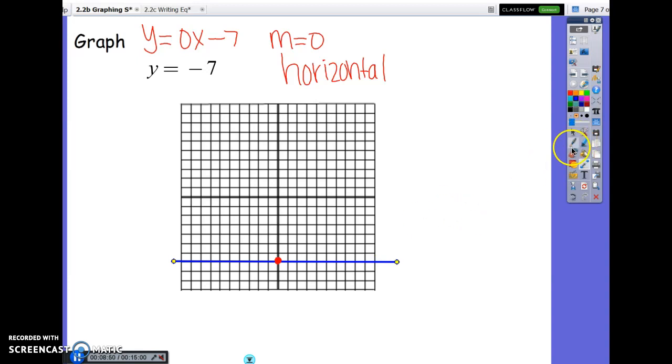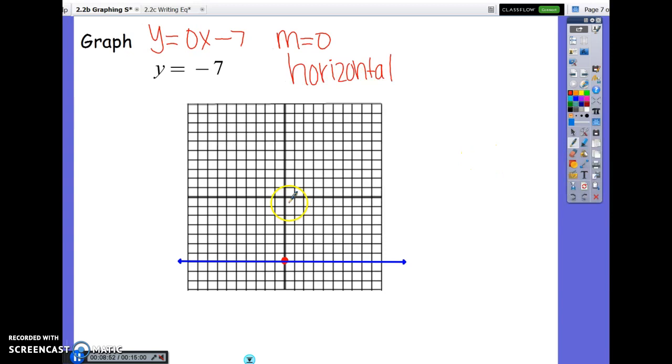Notice if we look at a couple of points on this line, the first one is the point 0, negative 7. Way over here, we have the point 4, negative 7, the point 8, negative 7, the point negative 2, negative 7. So those x values are changing, but on that line, y is always going to equal negative 7.